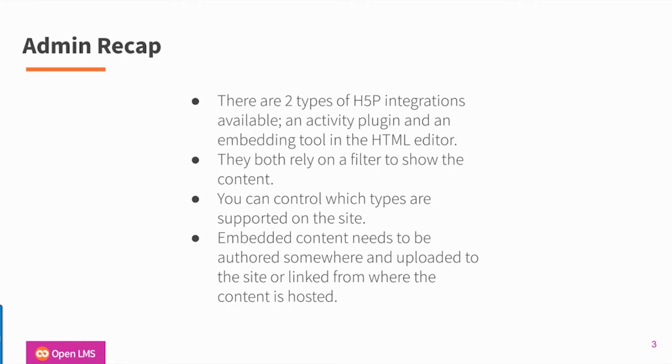Just the highlights, right? There's two different kinds of integrations available. There's the activity plugin, which is sort of the traditional integration for H5P. It allows you to go to the create an activity menu, and when you add the activity, it's the interactive content activity, and then it builds an H5P activity inside the class.